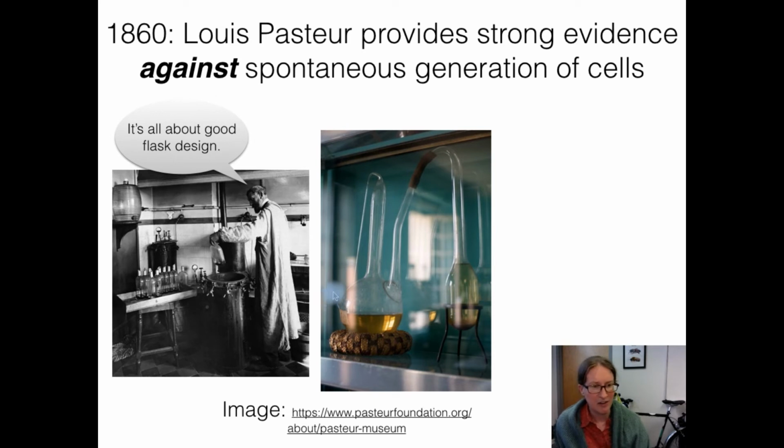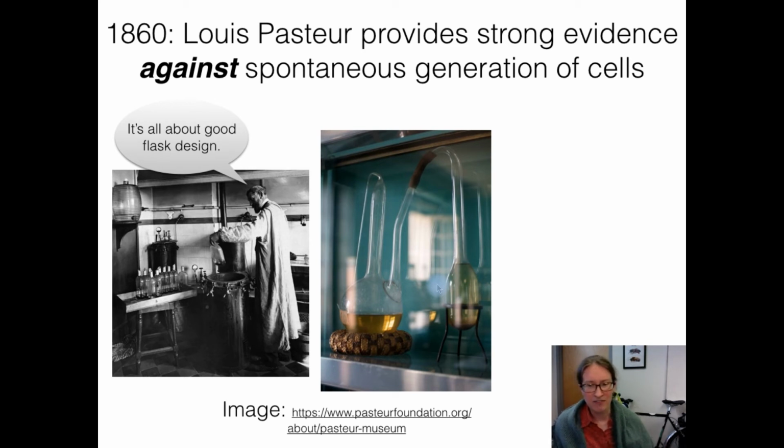And what that allowed him to do was the following. He filled these flasks up with a nutrient-rich broth, and then he boiled the broth. He's also the guy who's responsible for showing that if you heat a liquid above a certain temperature, you can use that to kill the microbes in that liquid. And that's where we get the term pasteurization.